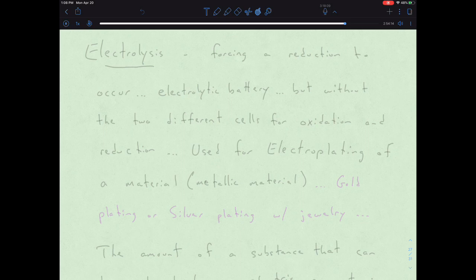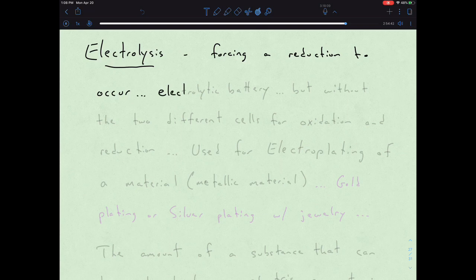This topic that we're going to talk about here is going to get into electrolysis. And electrolysis is basically forcing a reduction to occur.